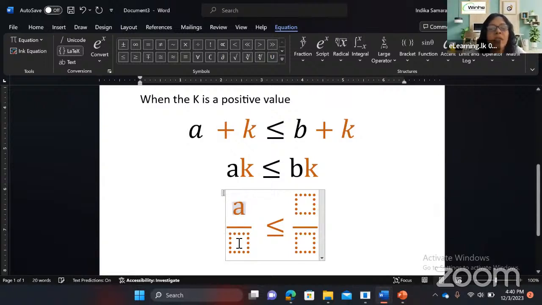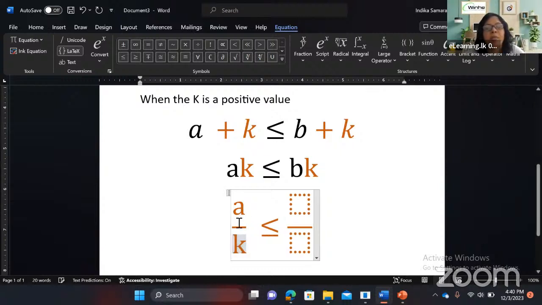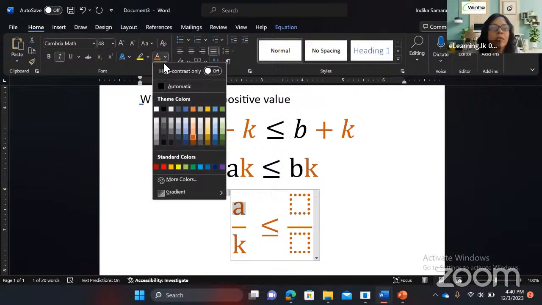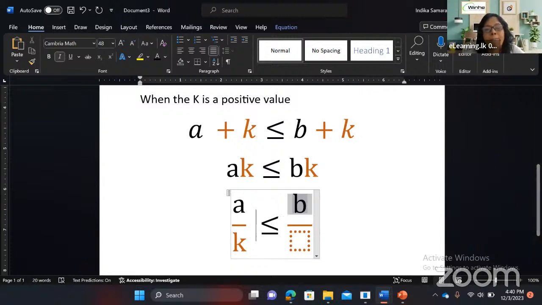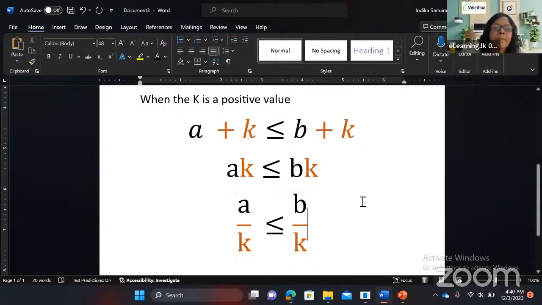Assume that you divide both sides by the same constant value. Right? Then will this change the inequality sign?